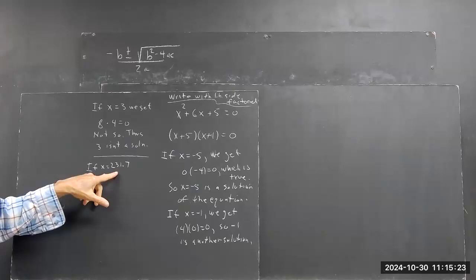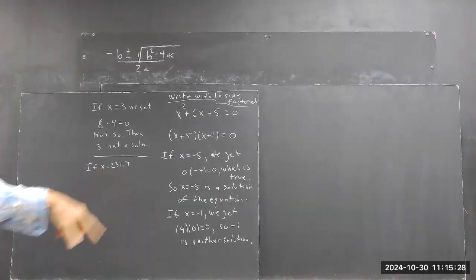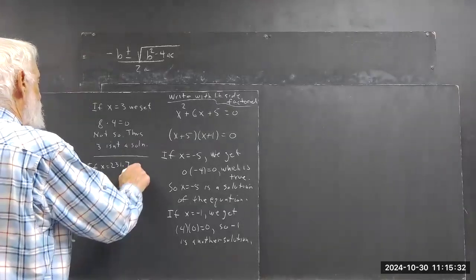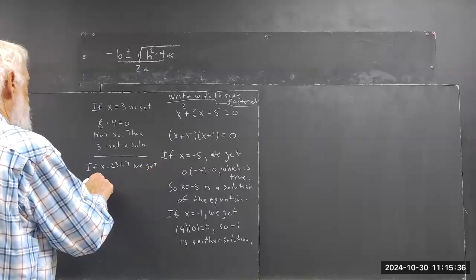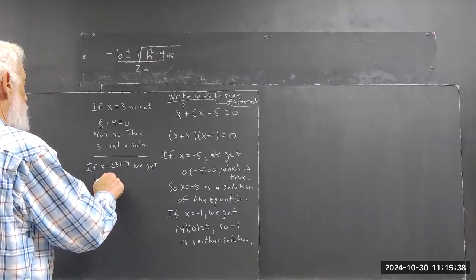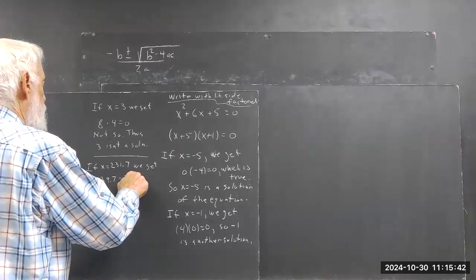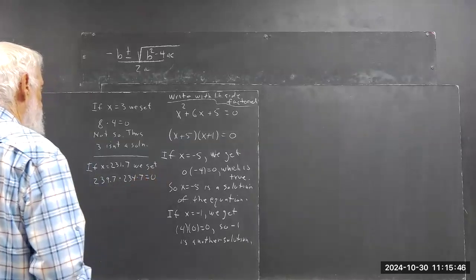X equals 231.7. That's one of my favorite numbers. Let's see if that's a solution, okay? X equals 231.7. We get 236.7 multiplied by 232.7 equals 0?